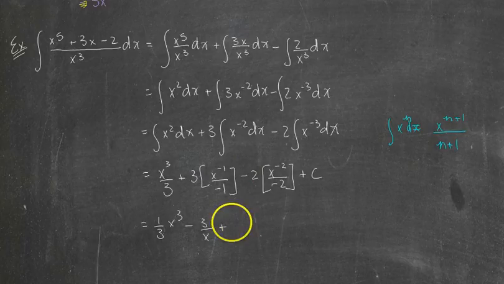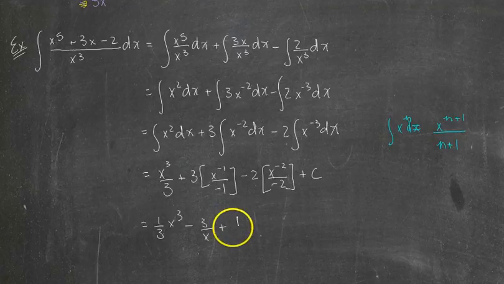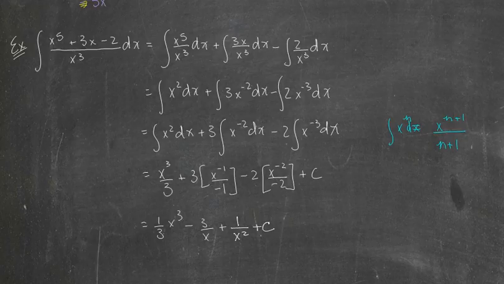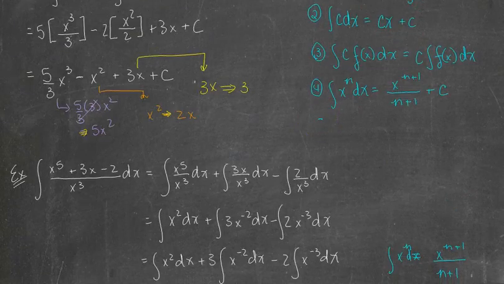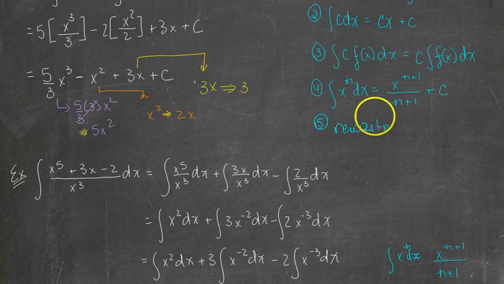It doesn't really matter, I just want to write it there for now. 1 over x squared plus c. And that, my friends, is the integral of this ugly thing. All we had to do, I guess that could be called rule number 5 if I needed to, was rewrite when you can.